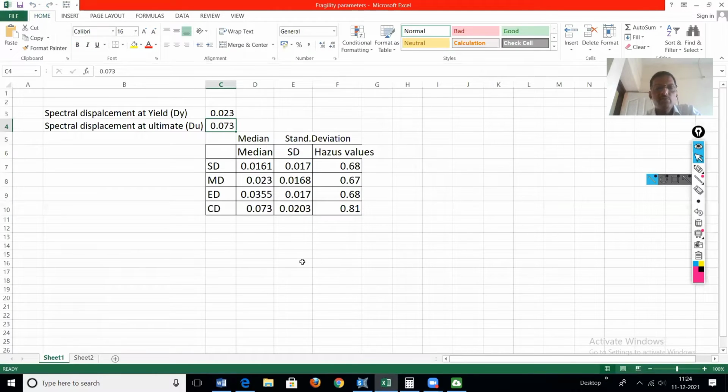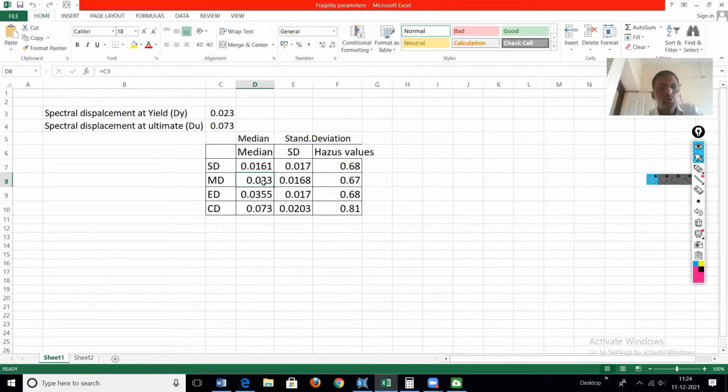So I have made the calculation first. This is called the median value. First, for slight damage, it is 70% of the dy value, this much meter.